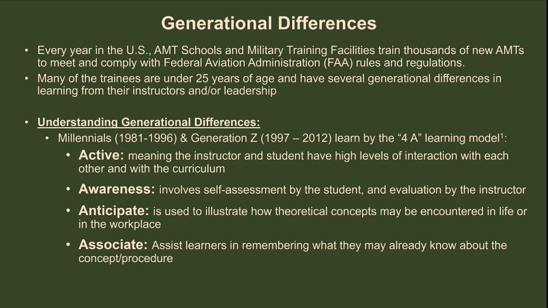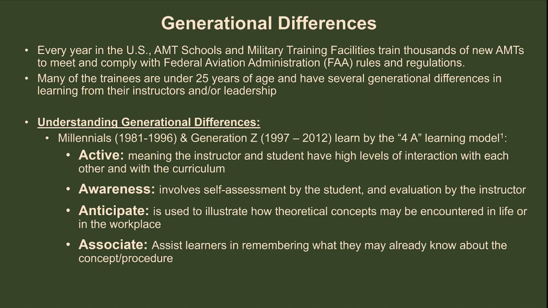Take, for example, Generation Z, 1997 through 2012, who traditionally learned by the A model. There are four here. The first one, active, means the instructor is engaged with the student for a high level of interaction. Awareness, where the student does a self-assessment, and that assessment is evaluated by the instructor.